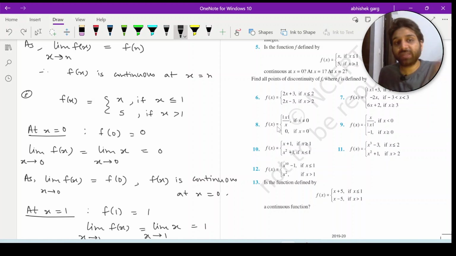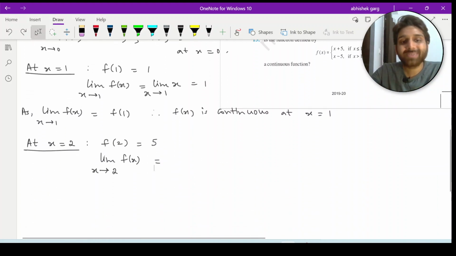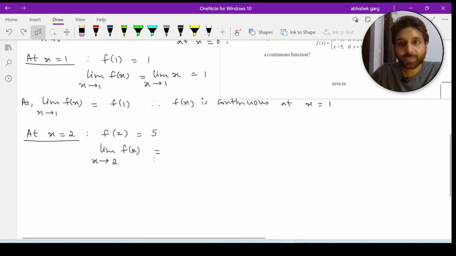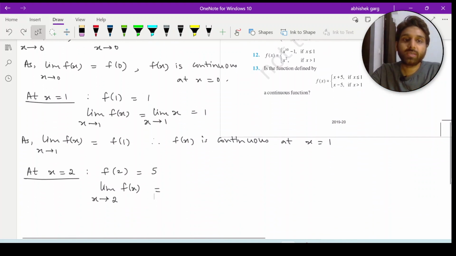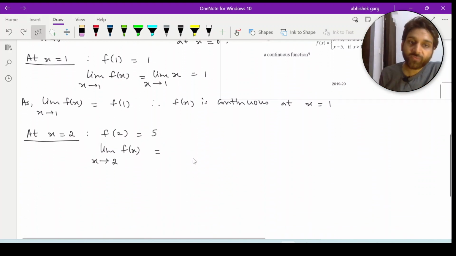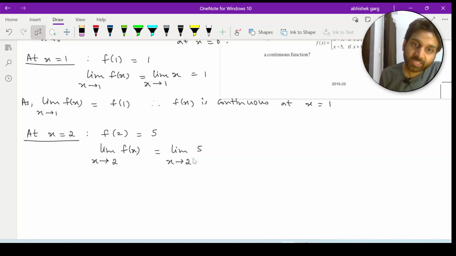Because the function's definition says that if x is more than 1, the value of the function will be equal to 5, right? Slightly less than 2 would be, let's say, 1.99. So it is in this category, x is greater than 1. And slightly greater than 2 will be, let's say, 2.01, which will again be in this category only. So we'll say that the value of f(x) will be 5 when x is tending to 2.